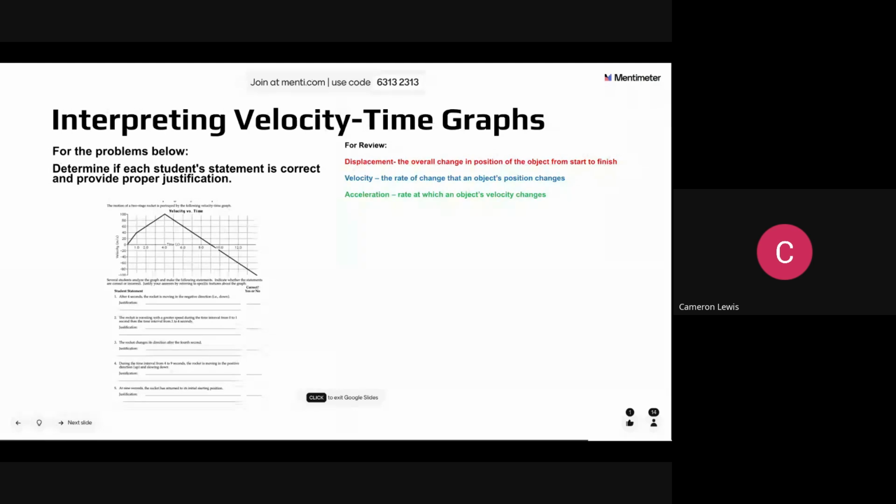So that's why you're saying no. I said slow down. Yeah, it's going towards 0. But it's saying, is it moving in the positive direction? Yes, and slowing down, because it's still above the time axis, so it's still positive.